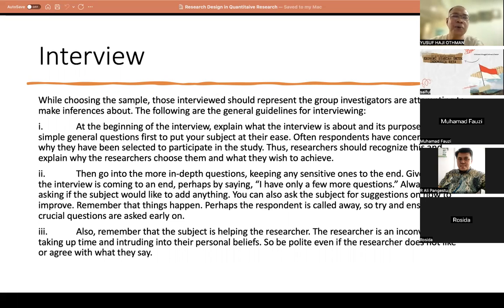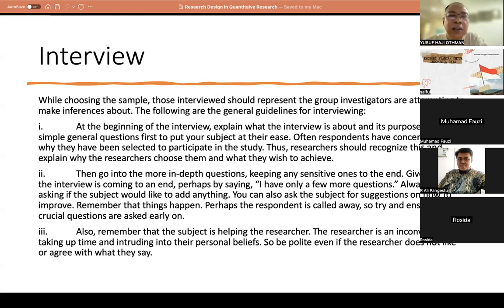So it's important that we choose the right person for the interview. If we don't have the right respondents, they might not be able to give us the information needed to answer the research questions and research objectives.